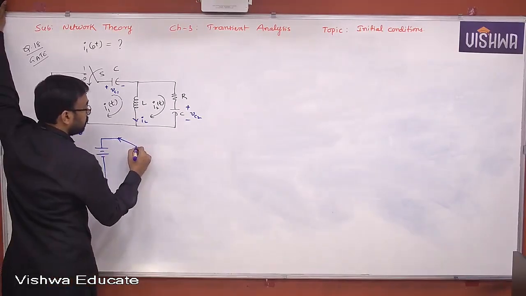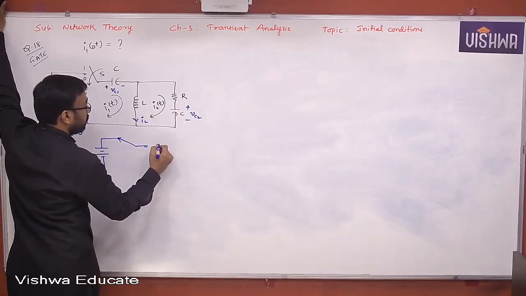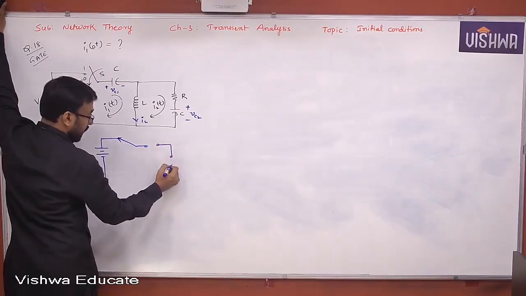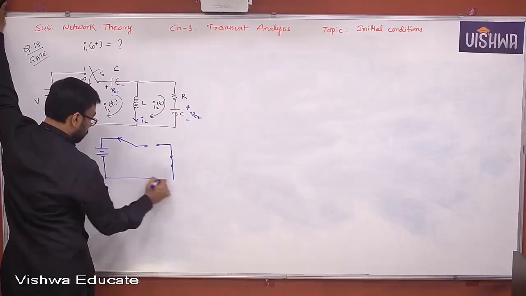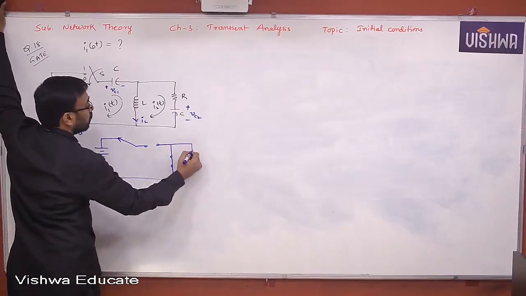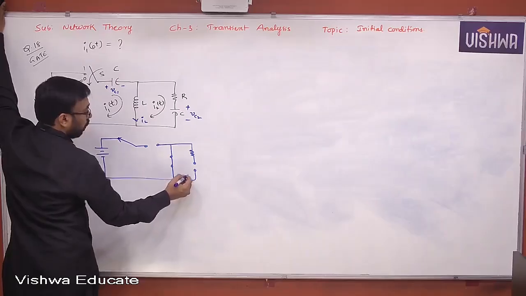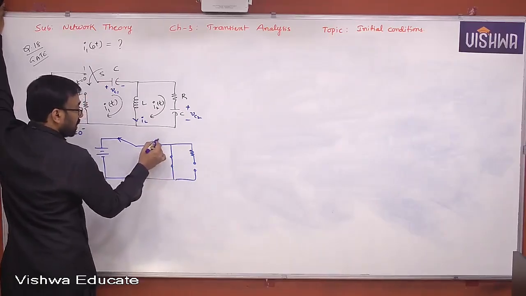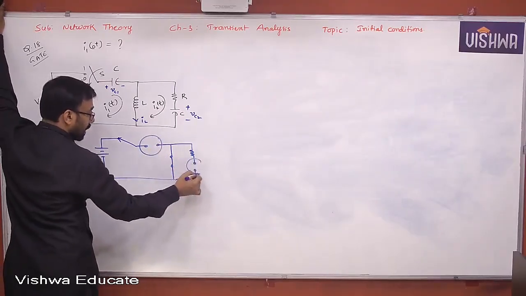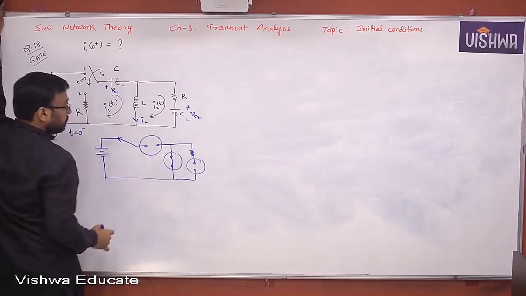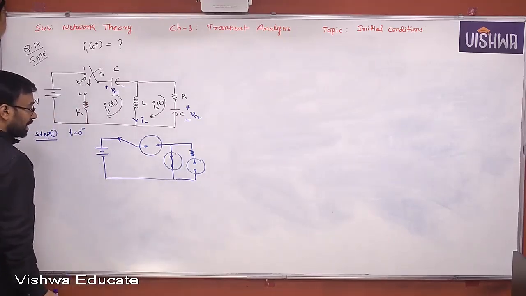Acting like open, acting like short, and acting like open. Now this is a capacitor. This is also a capacitor. This is an inductor. So tell me now, what is IL?